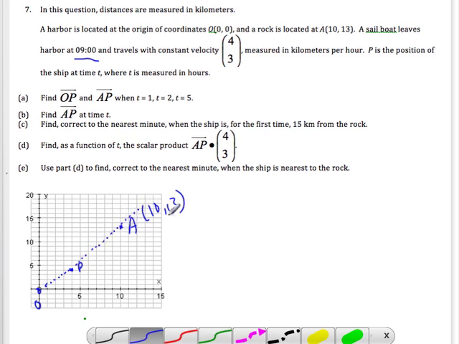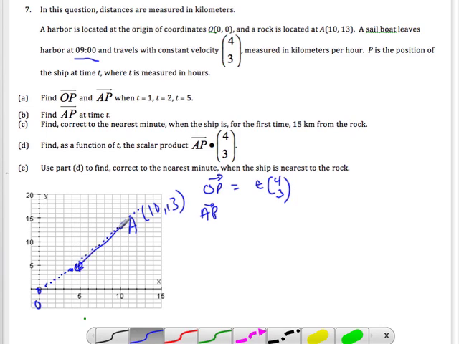So if I want OP and AP, well, OP is simply the vector (4t, 3t). This P changes with time. So that's OP. If I want AP, AP is this vector here.